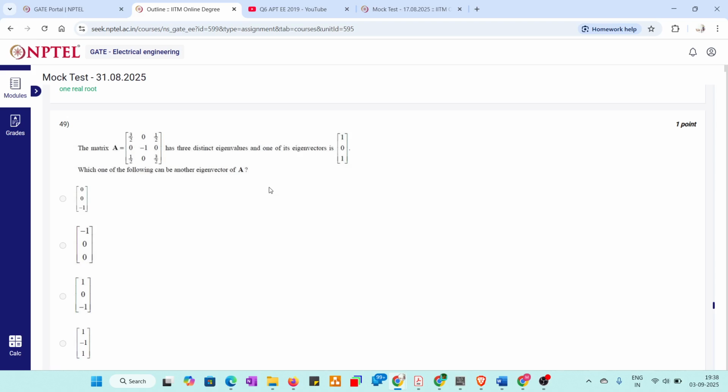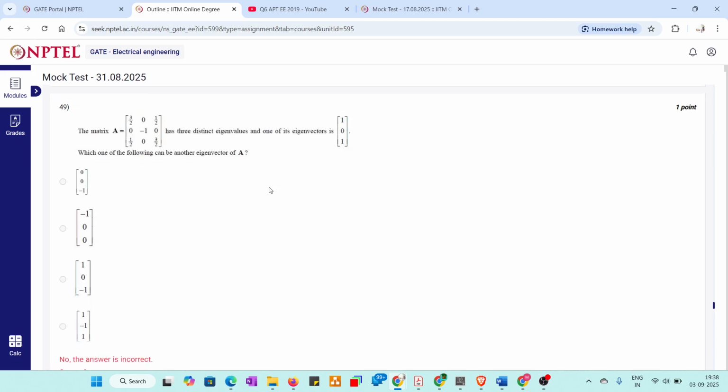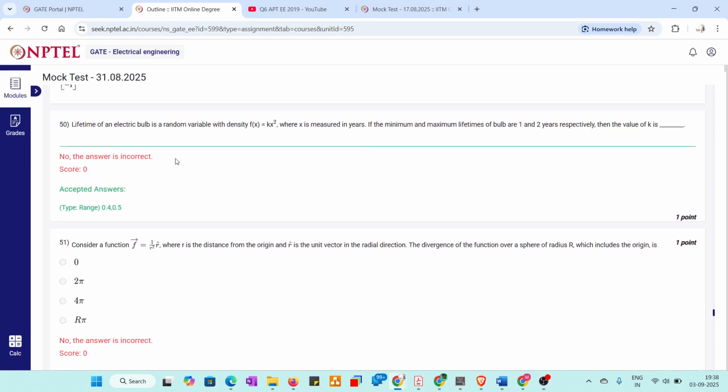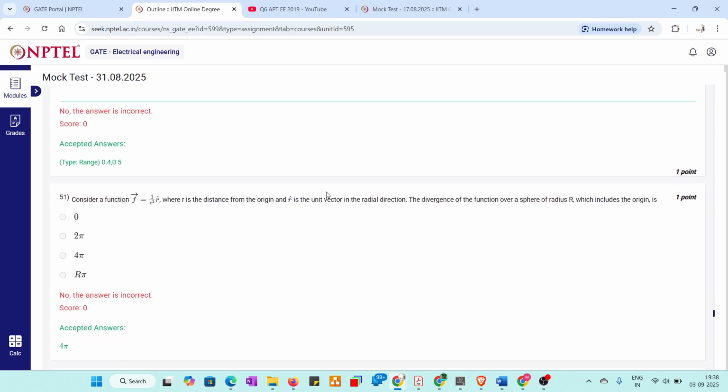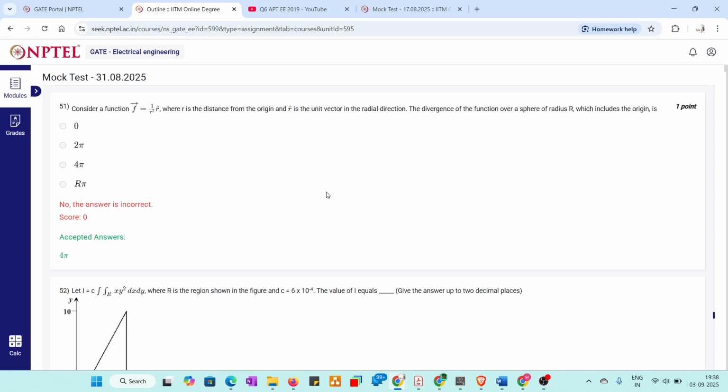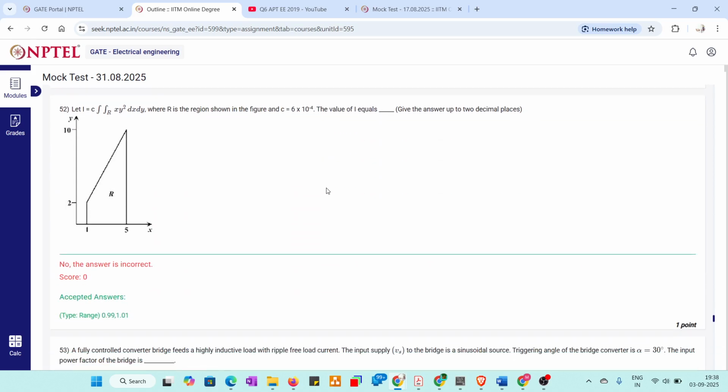And mathematics both are combined. Then lifetime of an electric bulb, so we have that. So minima and mathematical is good. Next here is a function based question. Another we'll have in two decimal places. Mathematics question there.